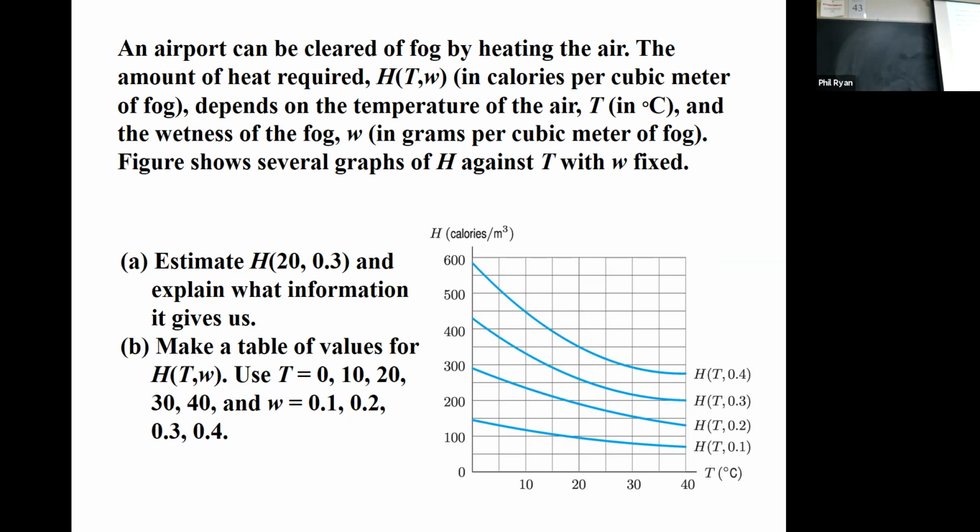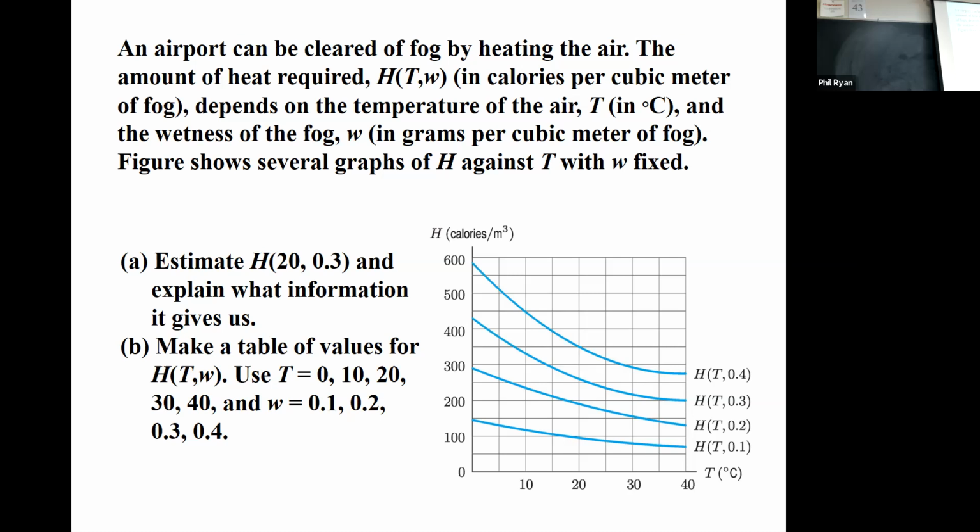And we see when we do this, a graph like this. This is not a contour map. What we've done here is like a cross section. We've kept one variable fixed and treated it as a function of just the temperature.